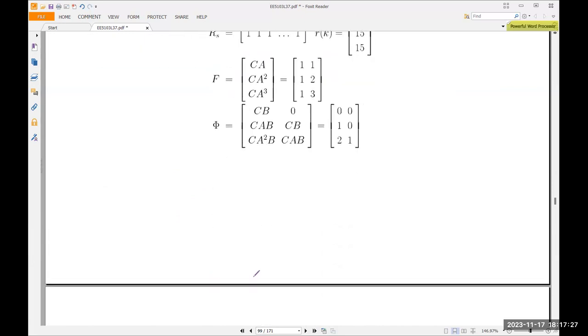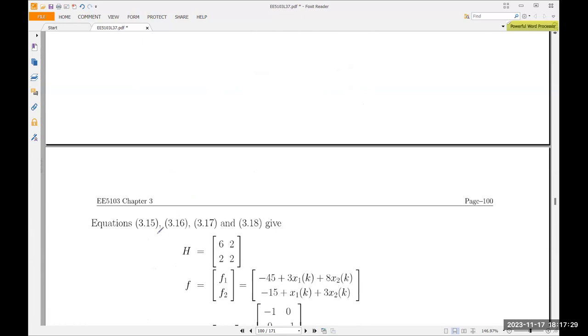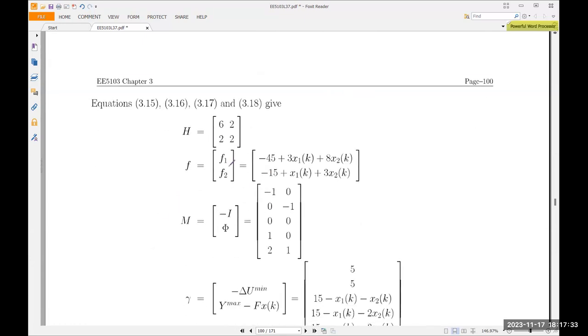Once you have all these numbers, then go and look at 15, 16, 17, and 18 to get you H, F, M, and gamma. Now, M is related to the constraint.